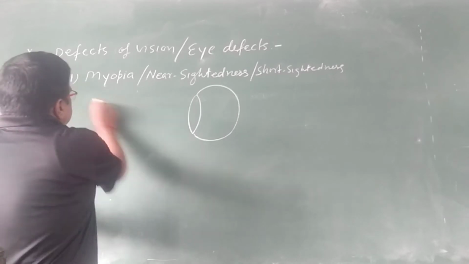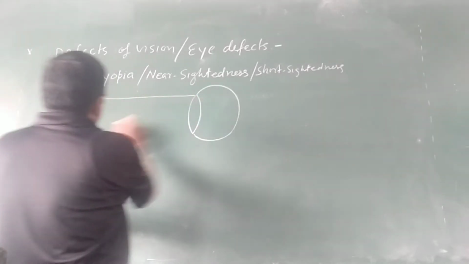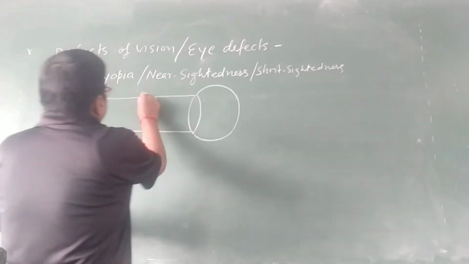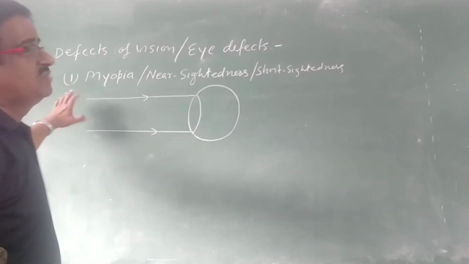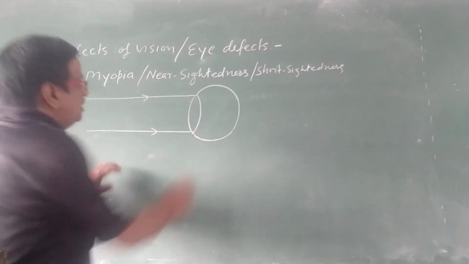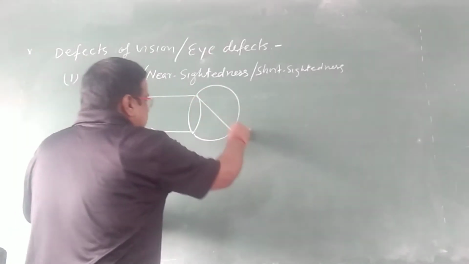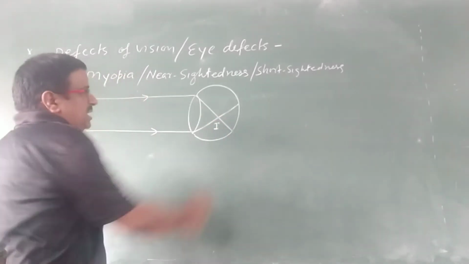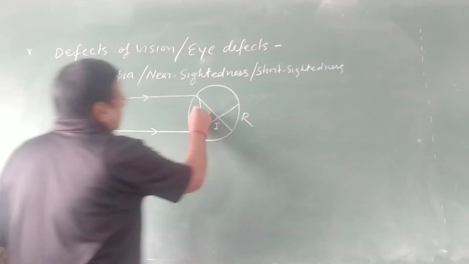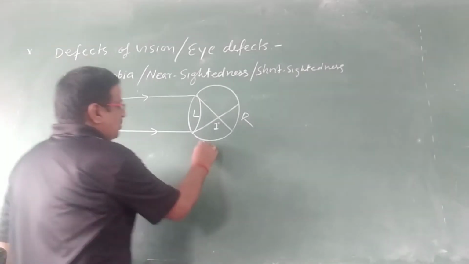If the object is at infinity, the rays coming from it are taken as parallel. They will meet before the retina, the image is formed here, the retina is here, the lens is here. So this is a myopic eye.